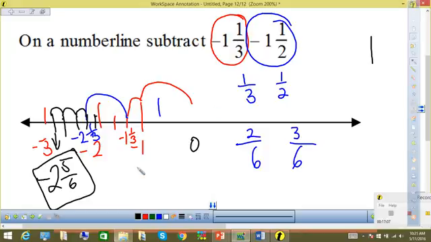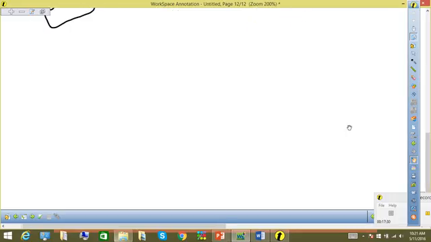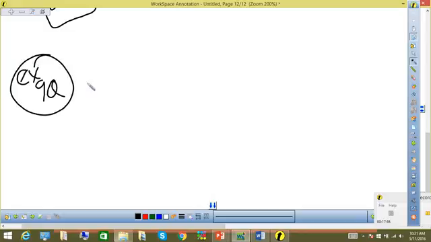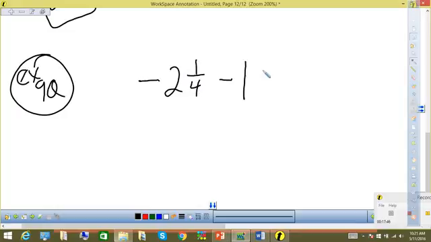Okay, let's do one more. Example, this is 9Q. Let's show on the number line negative 2 and 1/4 and negative 1 and 1/2.